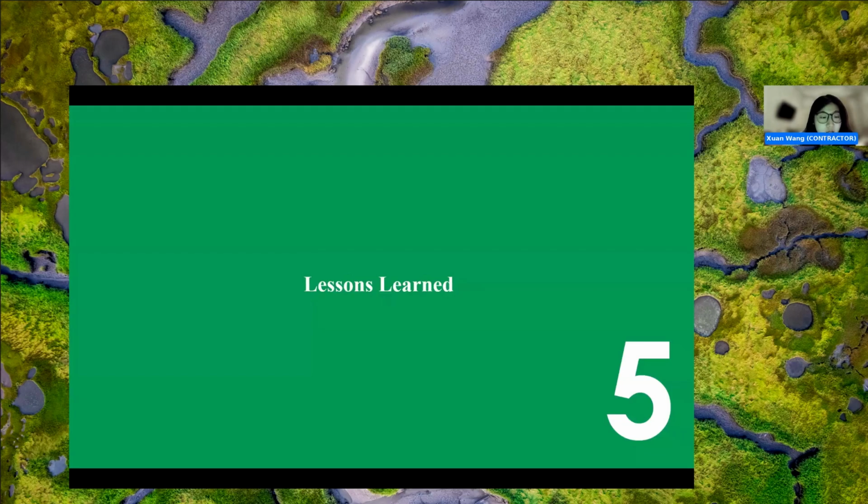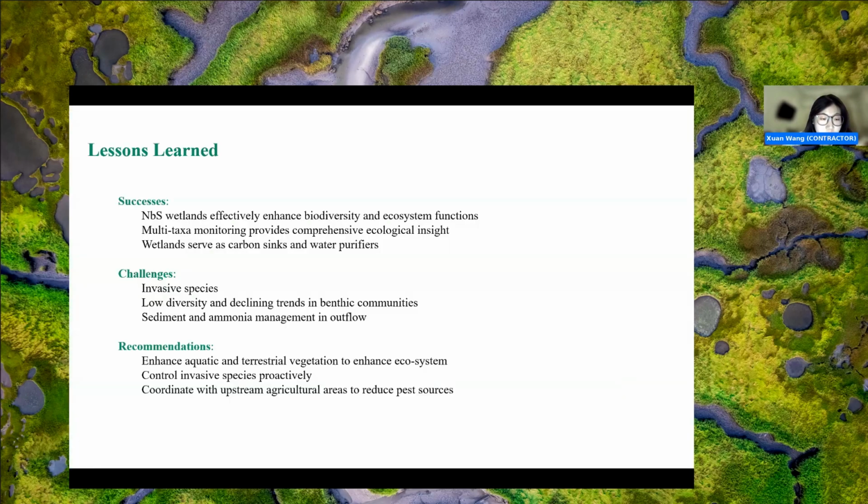And based on the findings from our comprehensive monitoring, we can now summarize some lessons learned from the project. Our efforts have yielded significant successes, and the implementation of NBS wetlands has proven highly effective, not only in enhancing local biodiversity and ecosystem functions, but also by demonstrating that these restored areas serve as valuable carbon sinks and natural water purifiers.